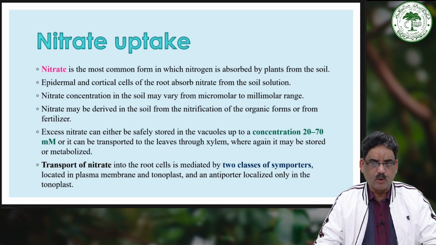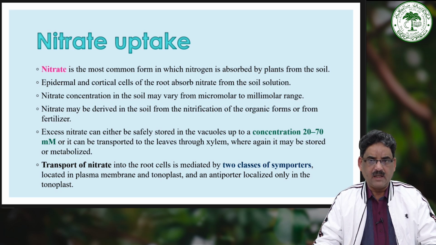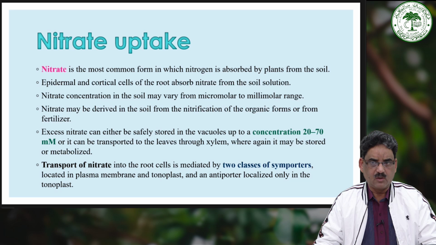Nitrate is the predominant form of nitrogen absorbed by plants from the soil. Moreover, nitrate is taken up by the epidermal and cortical cells of roots from the soil solution, although foliar application of fertilizers can also lead to uptake from leaves.